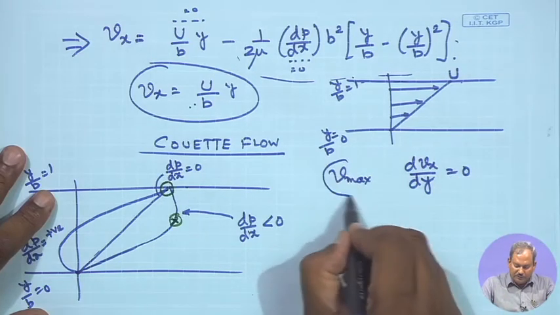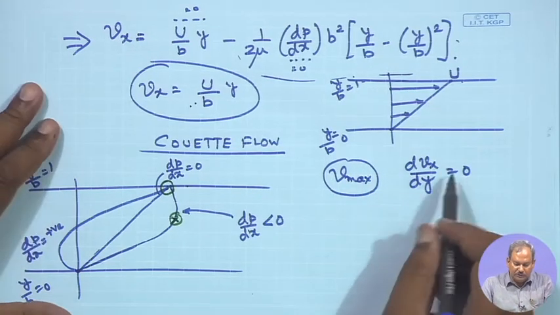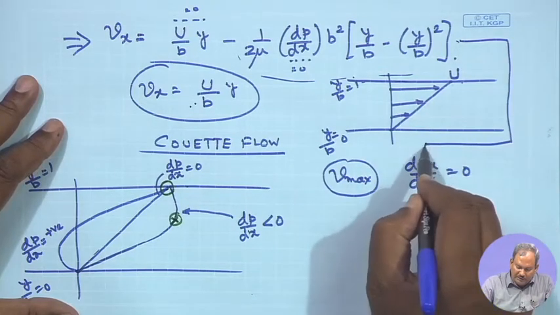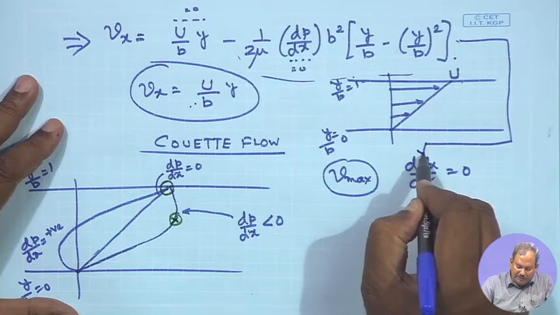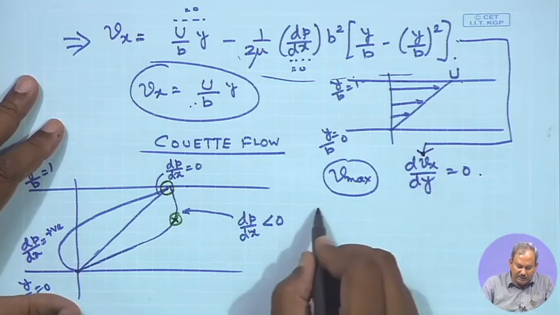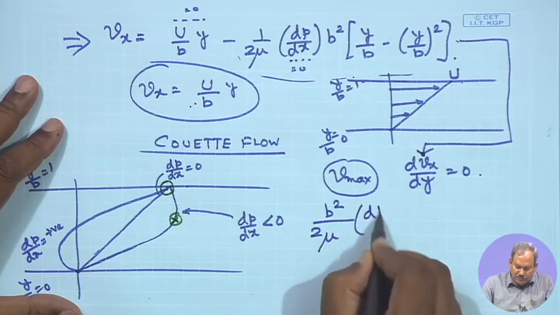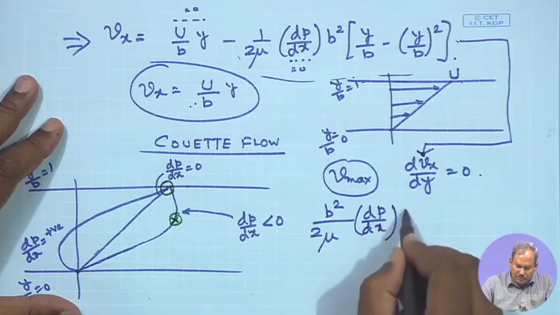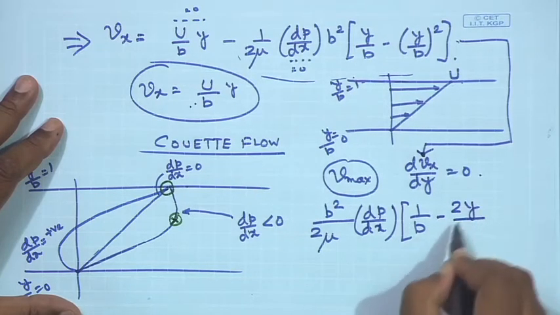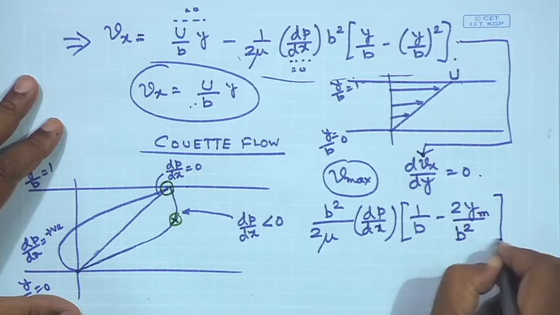So, in order to get V max, dVx by dy would be equal to 0, and when you substitute the expression of Vx in here, differentiate it with respect to y and make it equal to 0, what you get is this y, which I call ym.